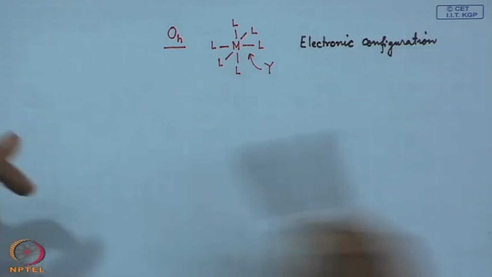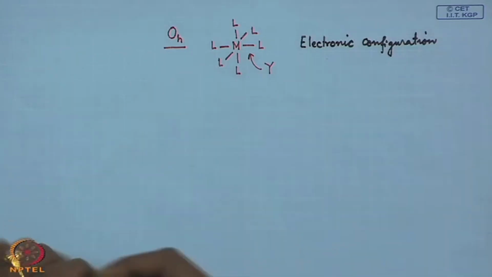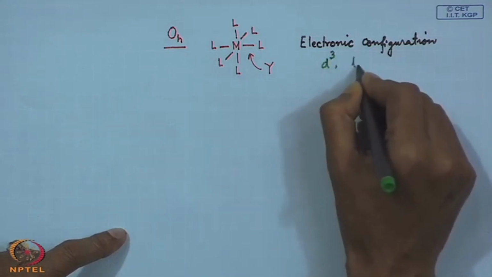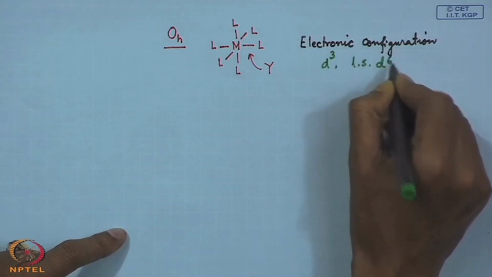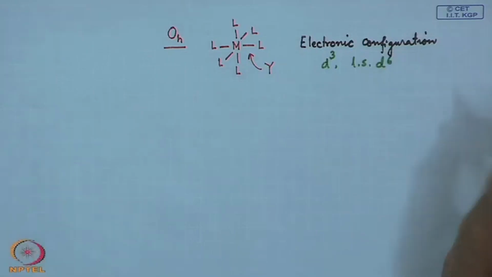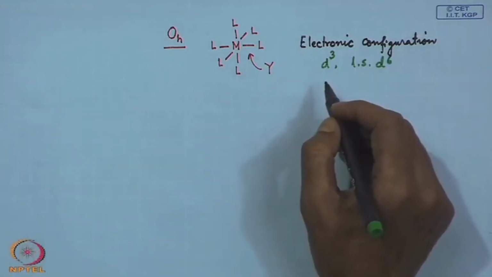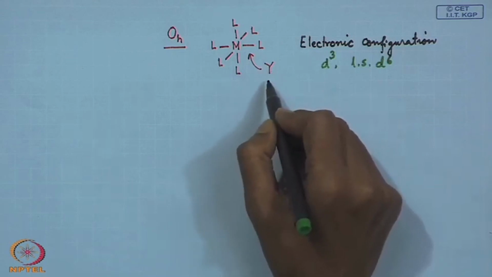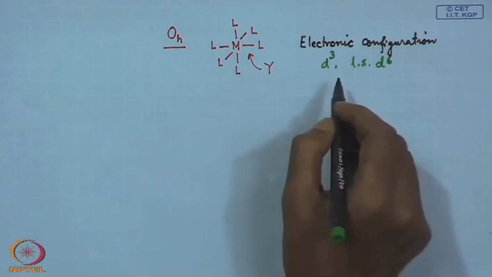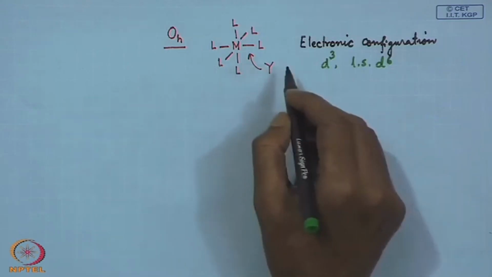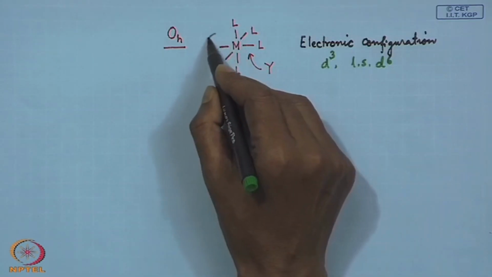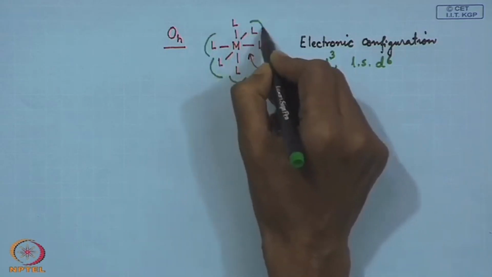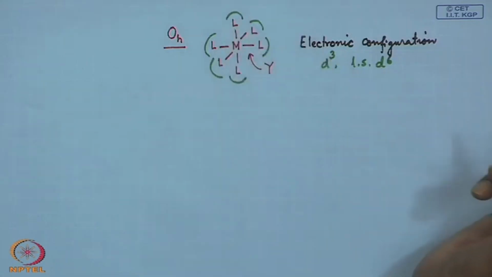And that particular electronic configuration, say for d3 or some low spin d6 metal ion, behaves differently with respect to the species which is coming to attack that particular metal center. And not only the electronic configuration, but also the coordination environment, this octahedral environment, is also important.